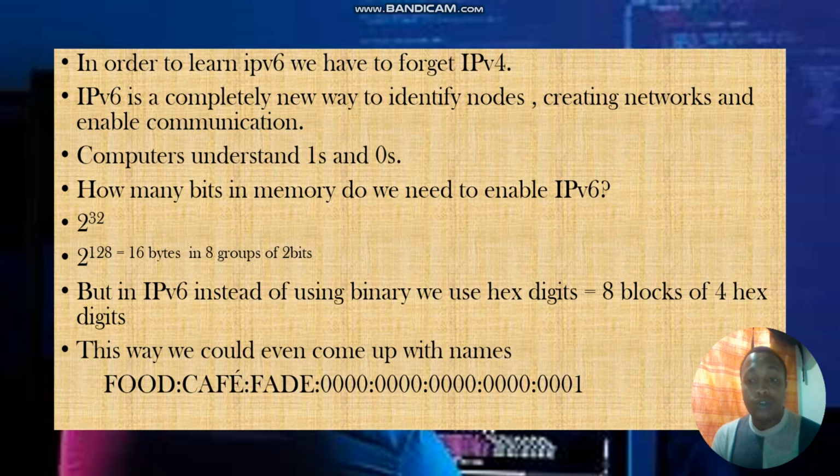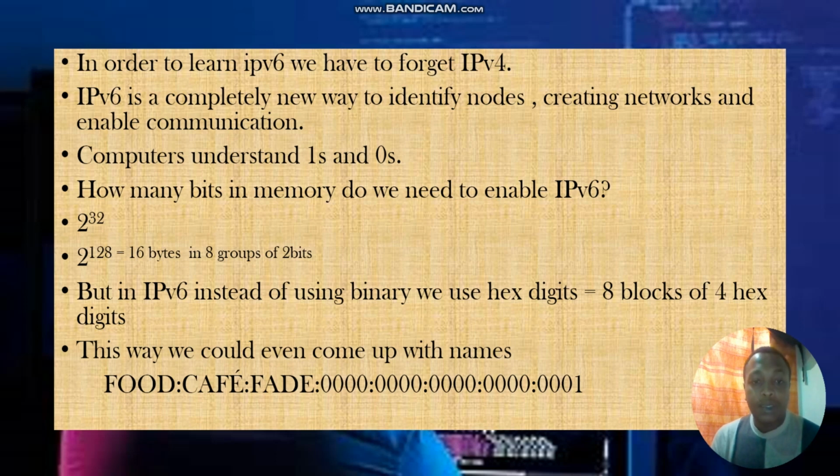So in IP version 6, we are going to use hex digits because representing 2 raised to the power of 128 in terms of bits could be a bit long, and it could be a bit complicated when it comes to us humans. So we're going to get 8 blocks of 4 hex digits.